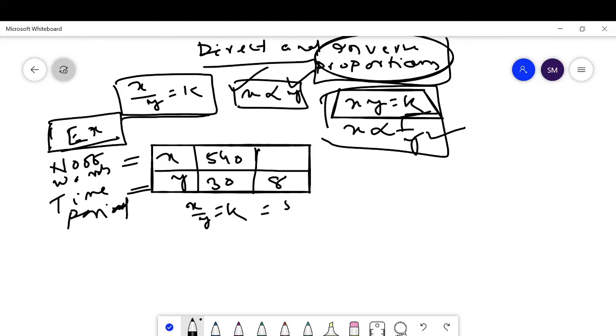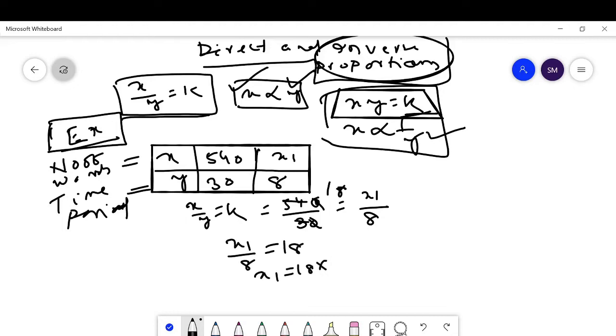Here this is 540. Then you don't know x1. We have to find x1. Here 540 upon 30 is equal to x1 upon 8. Then cancel, this is 3, 1, 18. Then x1 upon 8 is equal to 18. x1 is equal to 18 into 8, which is 144.